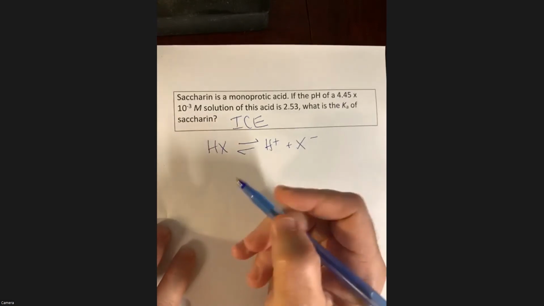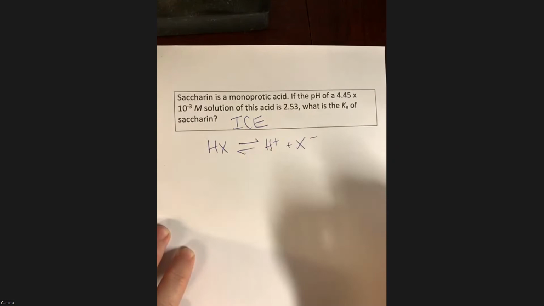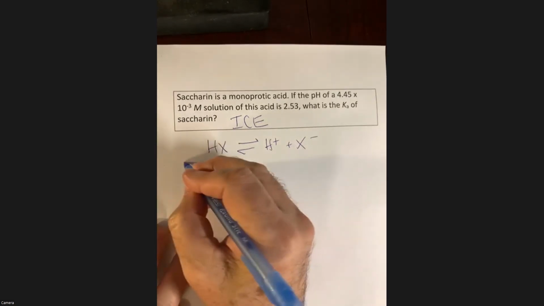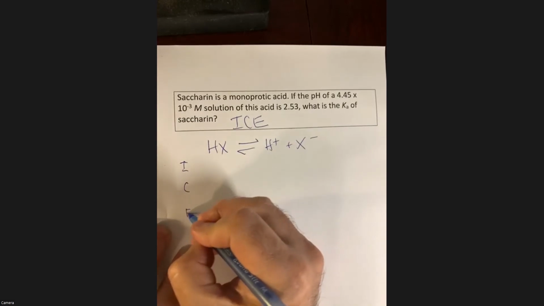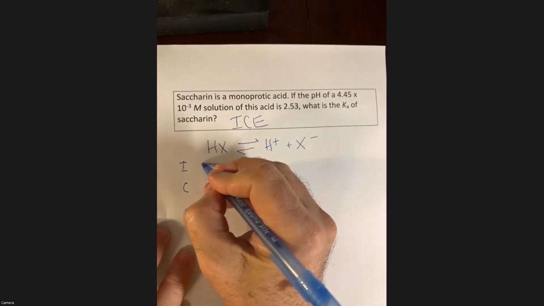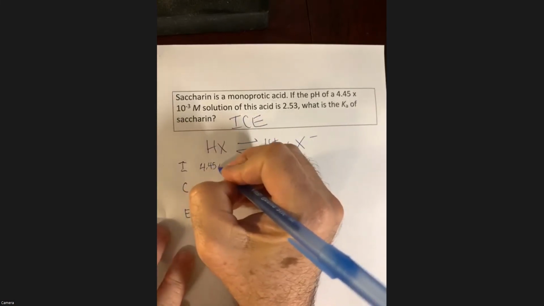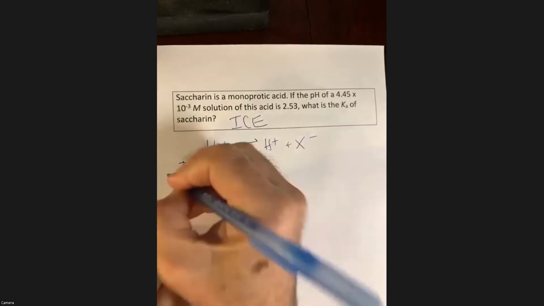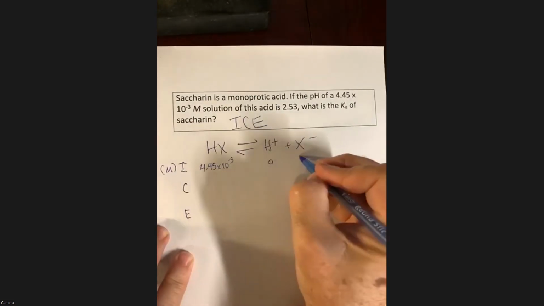One of my good coworkers in the lab made it for us and told us that's the molarity of it. So this is initial, this is the change, this is the end, and this is 4.45 times 10 to the minus 3. We already have it in molar units, so we don't have to worry about that, right?